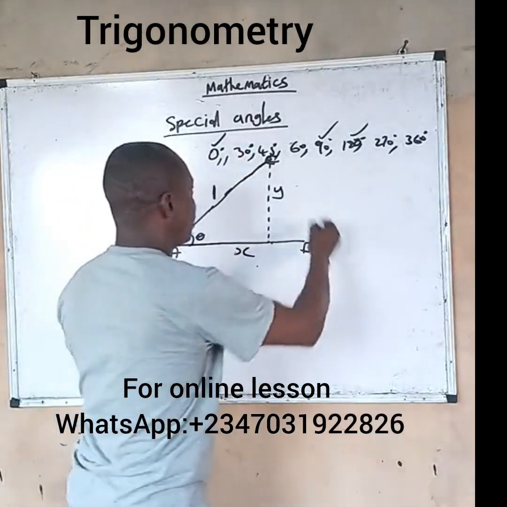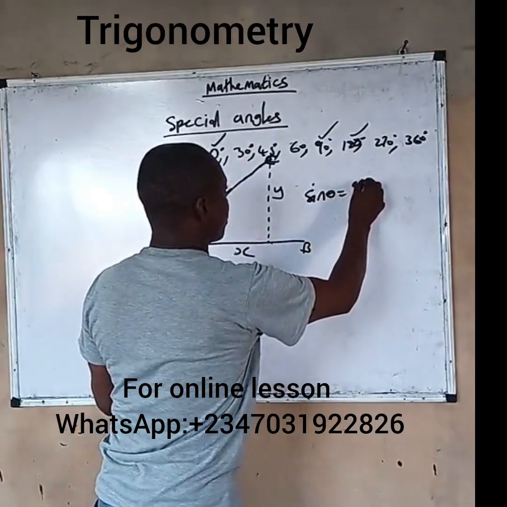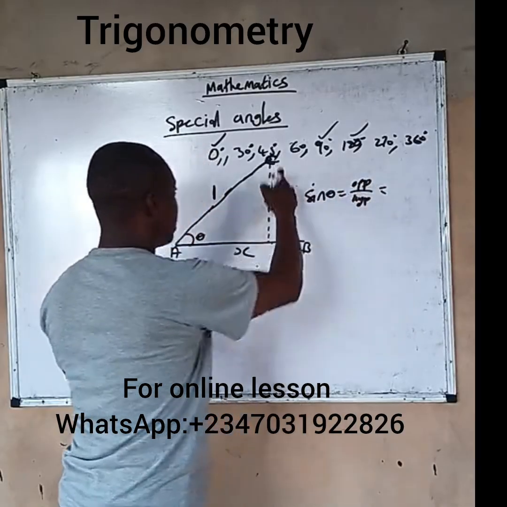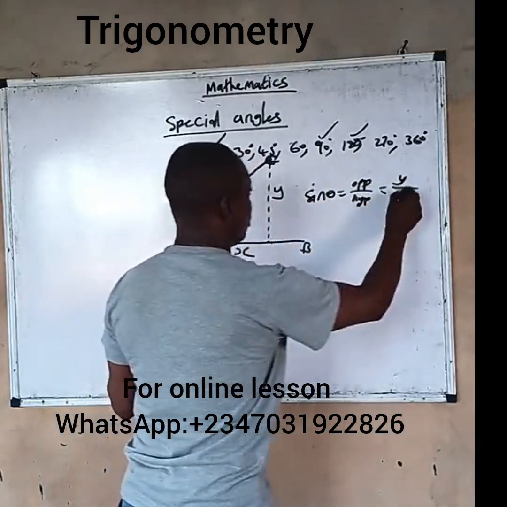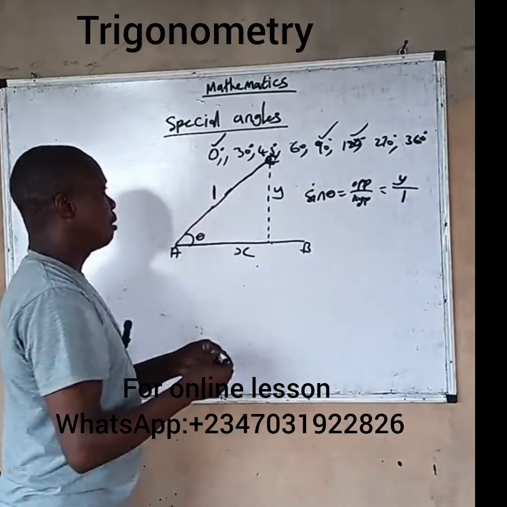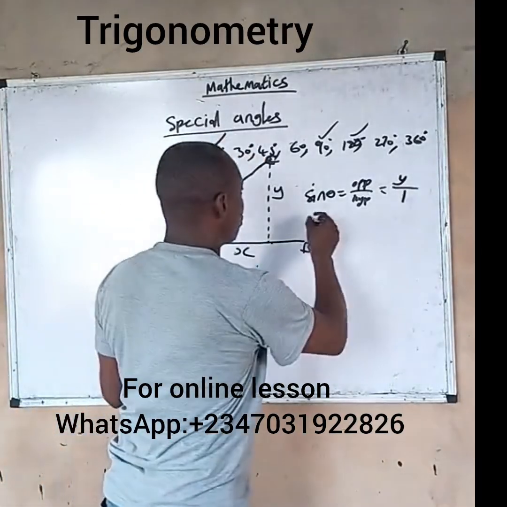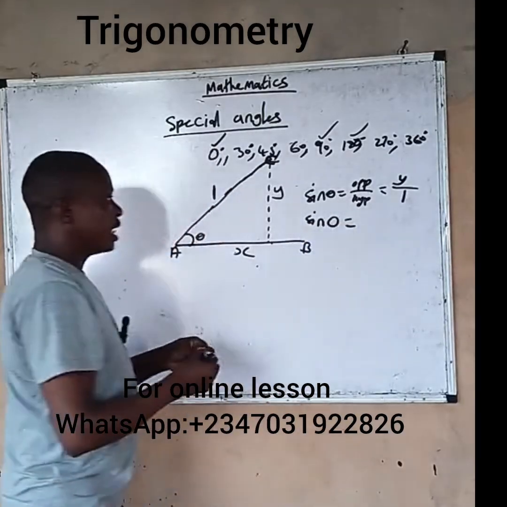We know that sine theta is opposite over hypotenuse. The opposite in this case is y, while the hypotenuse is 1. When theta is equal to 0, that means sine 0 degrees.